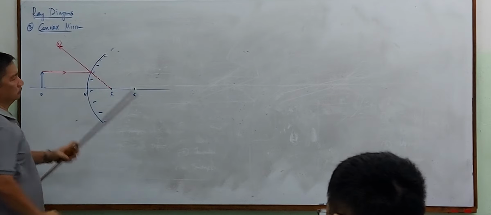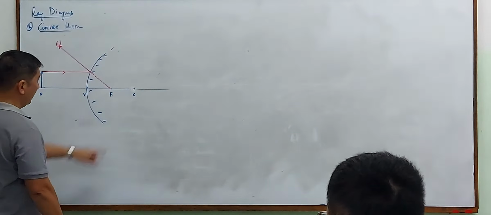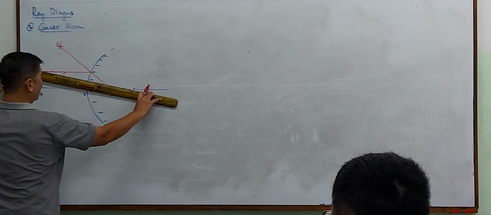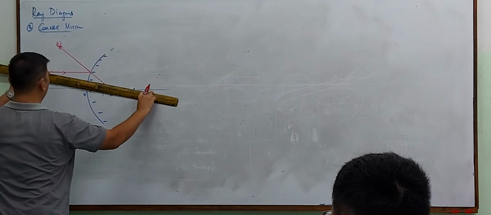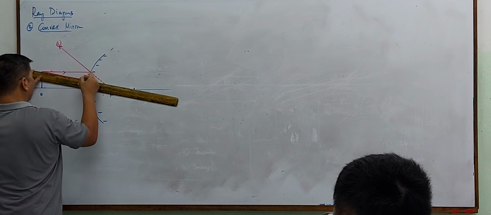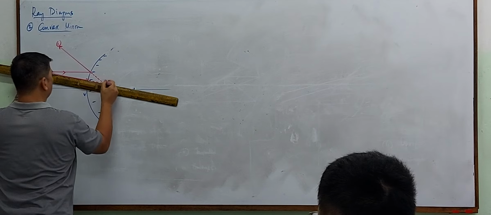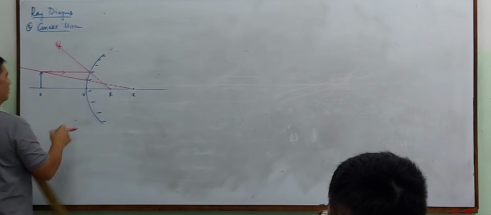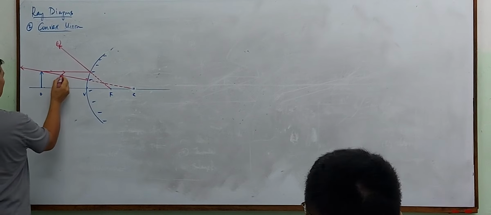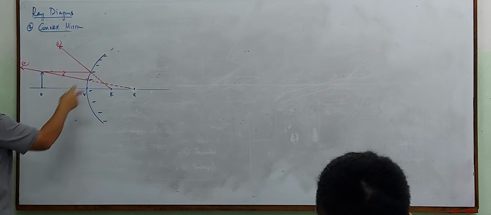Light ray number one. Number two is a light ray that goes straight to the center of curvature behind the mirror. It hits here at 90 degrees and then bounces back, but we draw this line to indicate what direction we are drawing at. So this one is good enough.